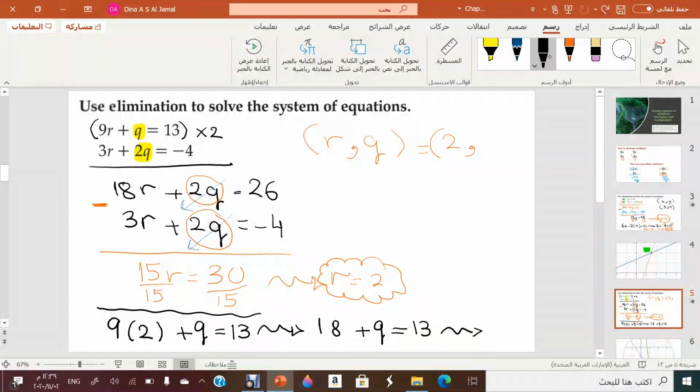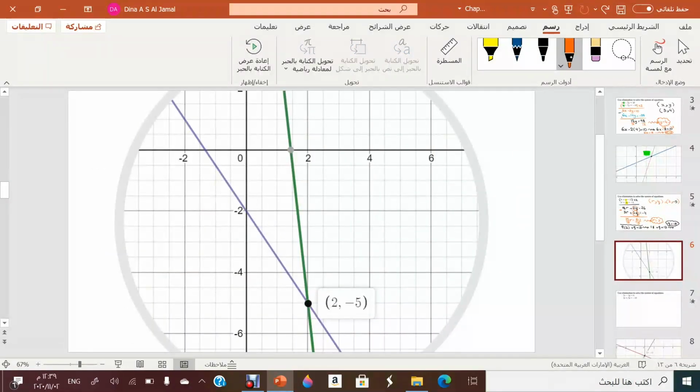Solve this equation and you will be getting your q as 13 minus 18, and this will be giving you minus 5. So if you would like to put it as a point like this, it will be 2 and minus 5. So again, this will be your solution, exactly one solution, consistent and independent.